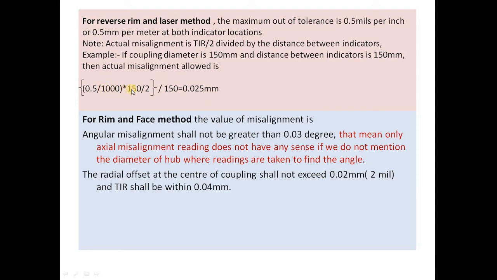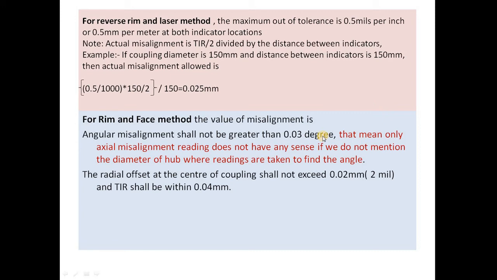Then multiply it by the coupling dia, divided by 2 because TIR, total indicator reading, is divided by 2, and divided by the coupling dia. That will give you the total misalignment tolerance, which is equal to 0.025 millimeter. Similarly, for the rim and face method, the maximum angular misalignment should not be greater than 0.03 degree.